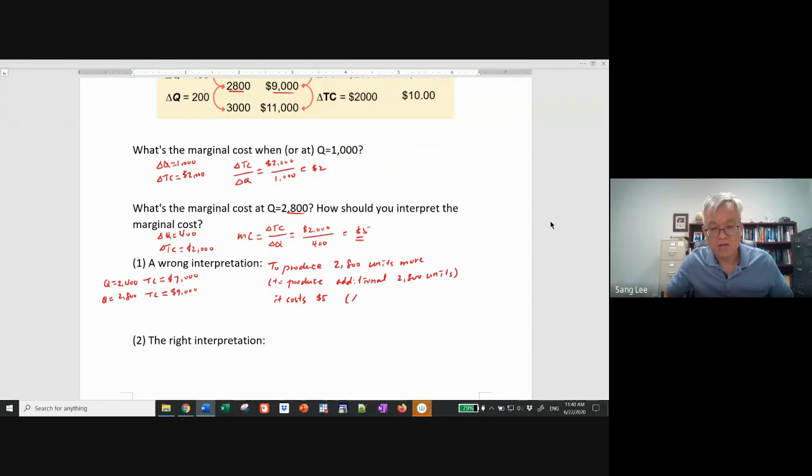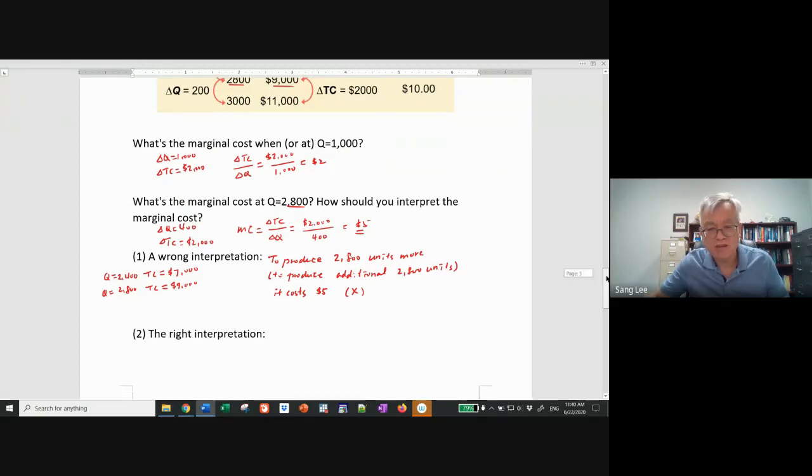No, this is wrong. Then what is the right way to interpret marginal cost here?